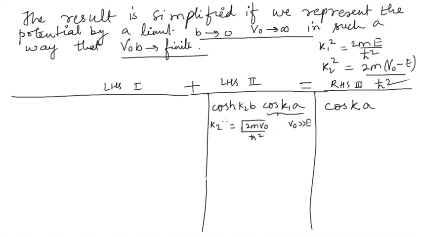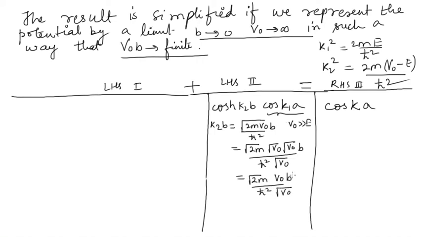So sorry, I have k2b, so I will take b also here. Now I will take root m root V naught. I will multiply root V naught in numerator and denominator. h cross square root V naught. Fine. This will become root 2m V naught b upon h cross square root V naught.